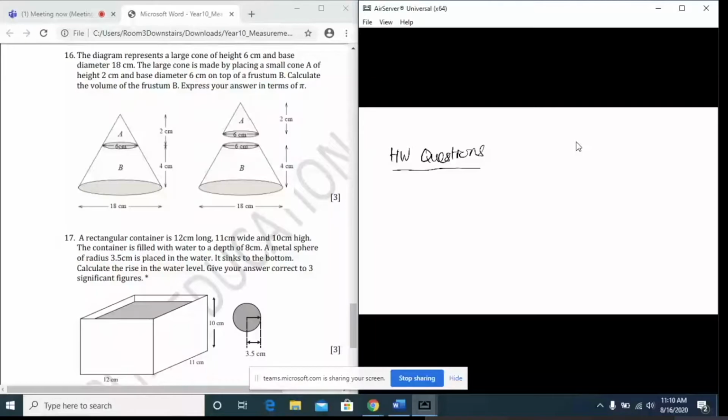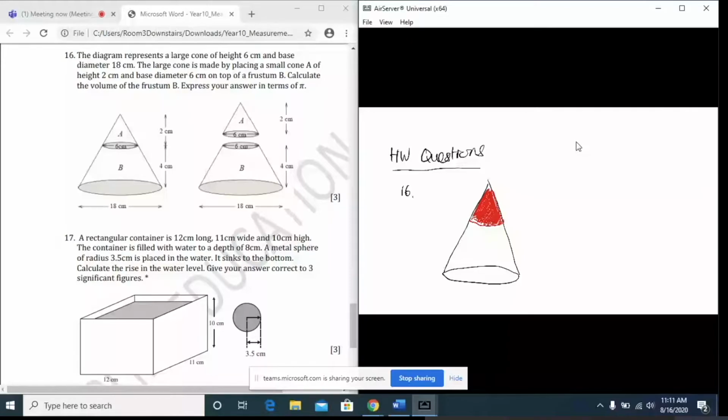So what I'm going to do is draw out a diagram. There's my large cone, and here's my small cone, which I'm going to shade in. Okay, so that's what I know. Now, in doing this question, I'm going to first name my two volumes.